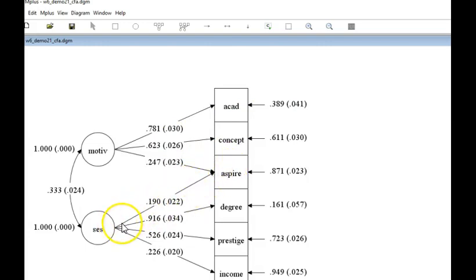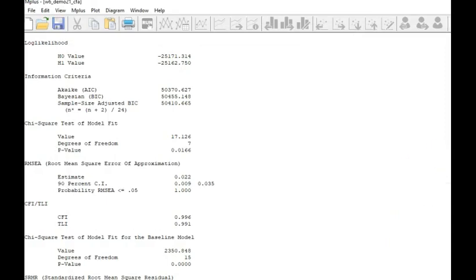So you take one of those factor loadings or paths away. When you do that, you can compare the chi-square fit of the original model to the trimmed model and determine if that chi-square difference is significant, to see which of the two models is the better fitting model.